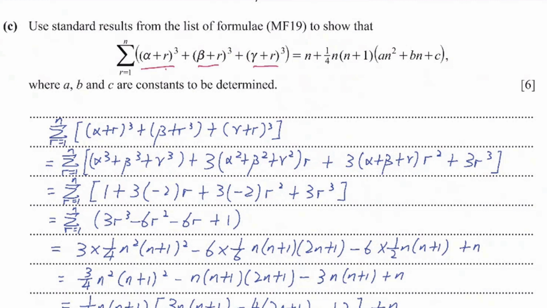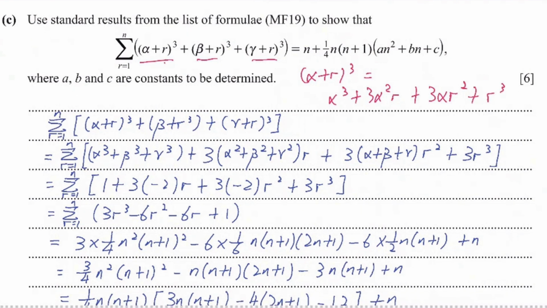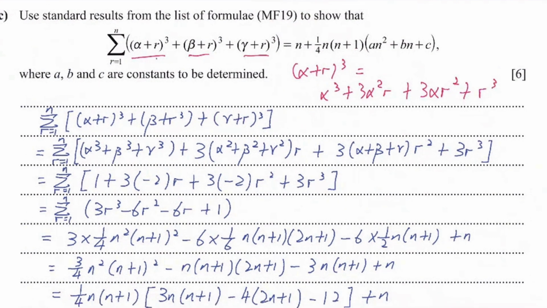The difference is just about the alpha, beta, and gamma. So we just need to expand one of them. Let's see what we get when we expand alpha plus r cubed. It gives us alpha cubed plus 3 alpha squared r plus 3 alpha r squared plus r cubed. So you get this for alpha. For the rest, you can just replace it with beta and gamma. You don't need to do 3 rounds of the work.